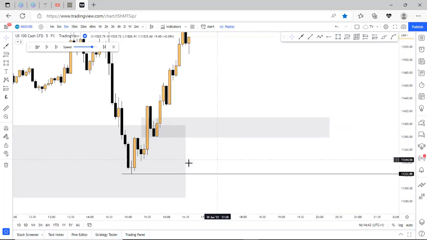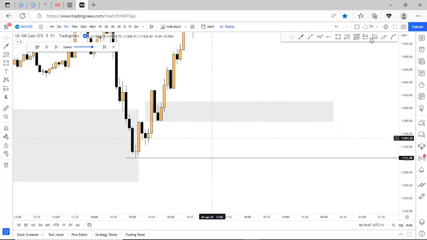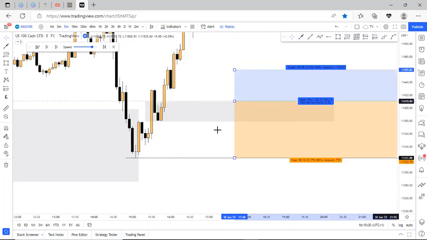And in order not to miss this buy, I might decide to just have my entry here and have my stop loss to protect me in case market will push down into this level. So I can have this moved down here. So this will be my stop loss just to be protected.